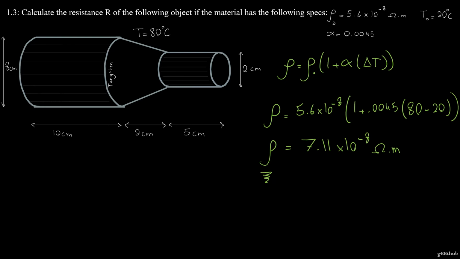Now, as far as the resistance of the object, what I see is a rod of 4 centimeter diameter that gets transitioned to a 1 centimeter radius rod. So to analyze this, I'm going to split this object into 3 sections.